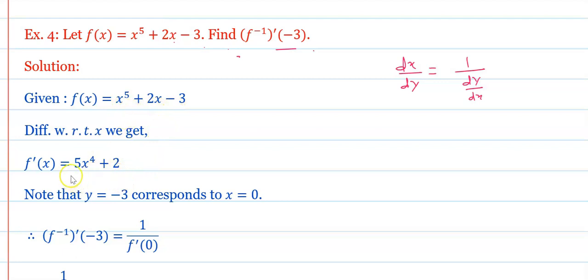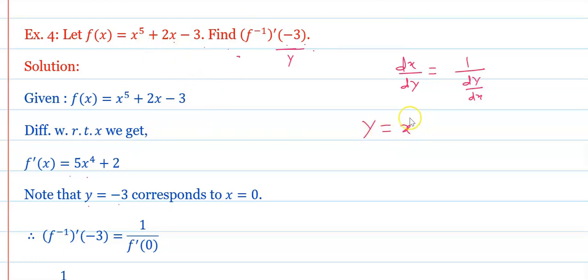Its derivative is 5x raised to 4 plus 2. Y is equals to minus 3 corresponds to x is equals to 0. Y is equals to minus 3. Here is the y value. Y is equals to minus 3. Okay. If we substitute, y is equals to, what is that here? See this here function.